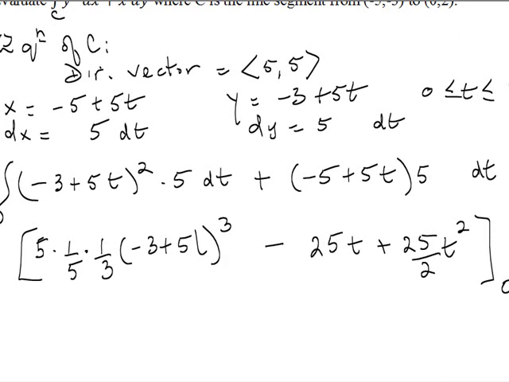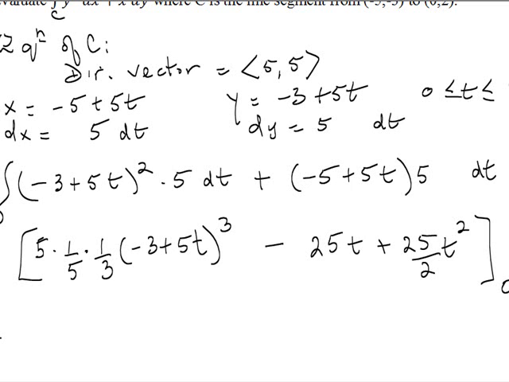Final answer, please. 20? Straight? All of you got 20? I got 385 over 6. Okay, make up your mind. Which one is it? Do I have to do it? I would take 20. 20 sounds lovely, but 20 might be wrong.